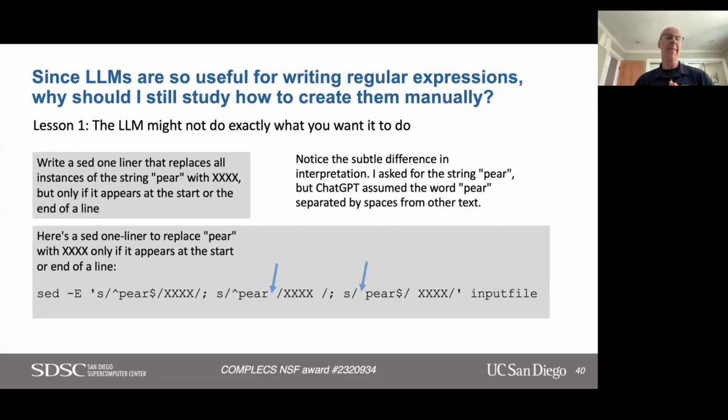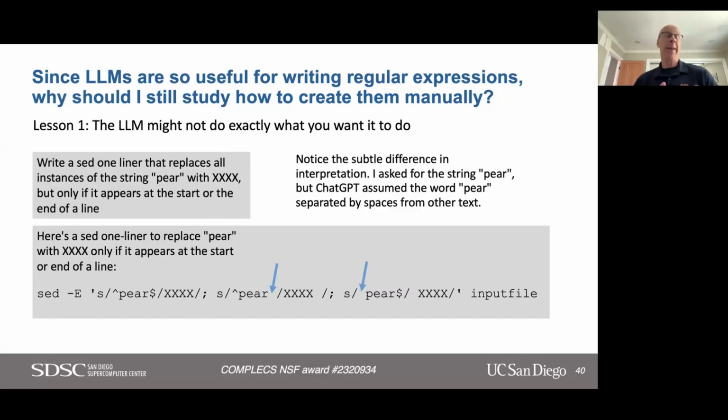So first of all, I'm going to say the LLM might not do exactly what you want it to do. I asked ChatGPT, write a sed one-liner that replaces all instances of the string PEAR with 4 X's, but only if it appears at the start or the end of the line.